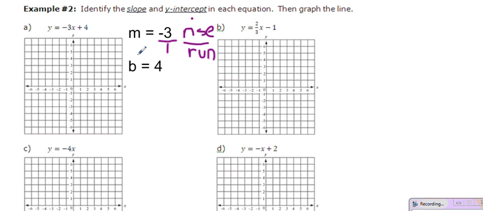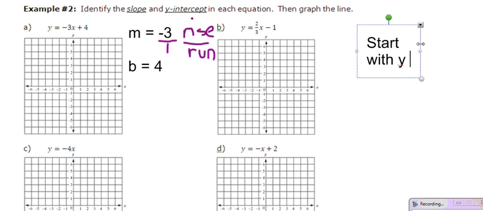Now, when we're graphing, you always start with the y-intercept. So maybe write that. Start with y-intercept. Okay, so my y-intercept is 4 here. So I'm going to make a point at 4 on the y-axis.